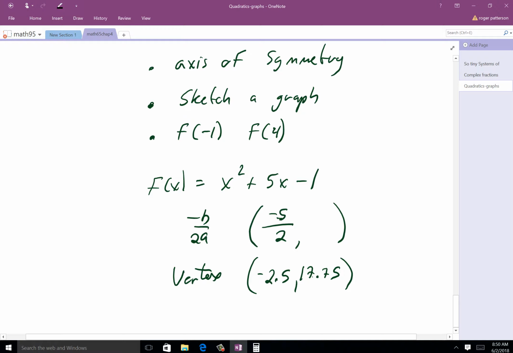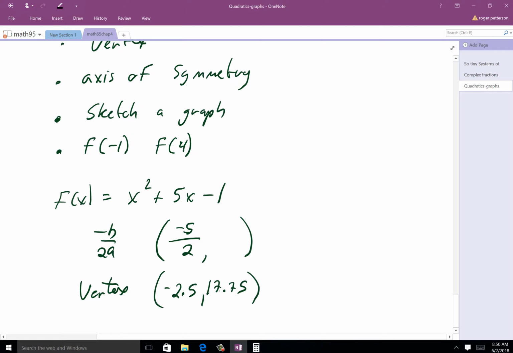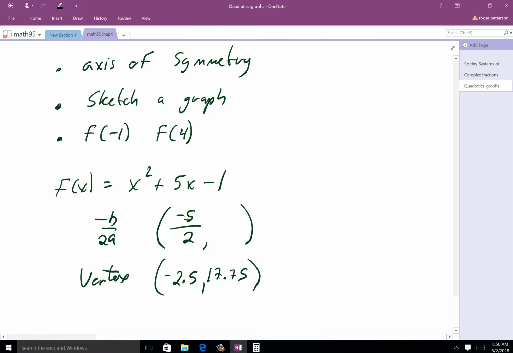Axis of symmetry. So, first of all, it's really hard for me to graph because it's not in a very good form. But I do know the vertex, so let's see. Negative 2.5 back this way, 17.75, which is here. Okay.